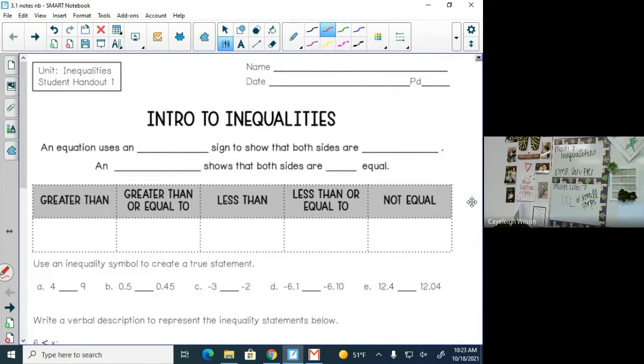An equation that we've been working on uses an equal sign to show that both sides are equivalent. So equivalent's just another word for equal or the same.